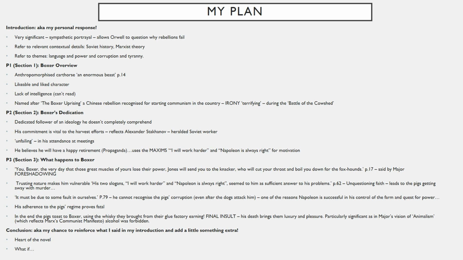Okay, and then I would come on to my final section, what happens to Boxer. This is at the end of my essay because it's covering the events towards the end of the novel. So at the beginning I'm going to mention foreshadowing, and we will have a quick look at this quote because it really is helpful. Another one from Old Major.